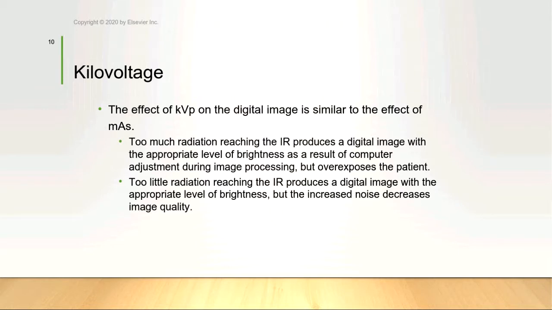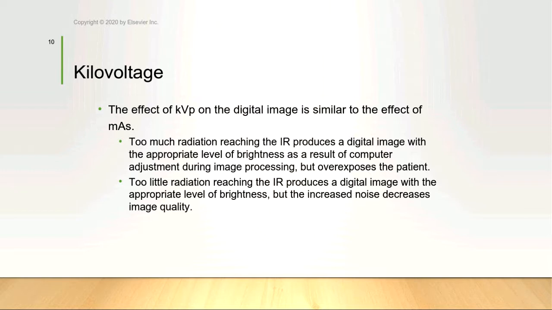Okay, so too much kVp, your image will look appropriate, it will look acceptable, but you've over-radiated the patient. If you use too little radiation reaching the IR, again, your image will appear appropriate, but you could cause an increase in quantum noise, which will take away from your image quality.